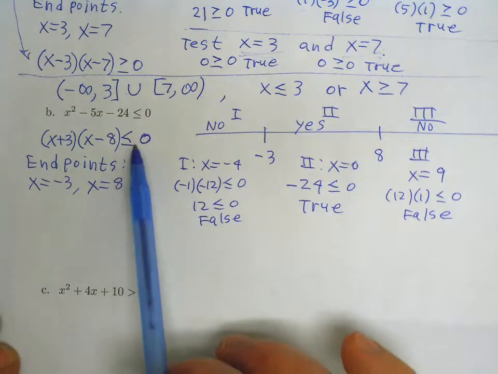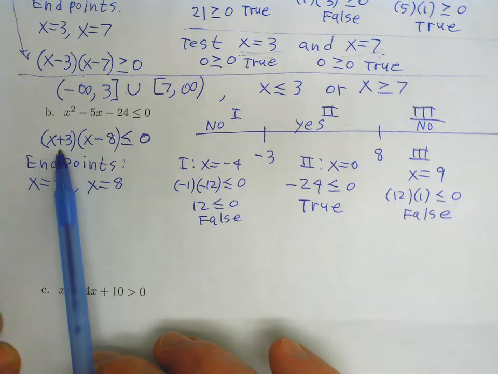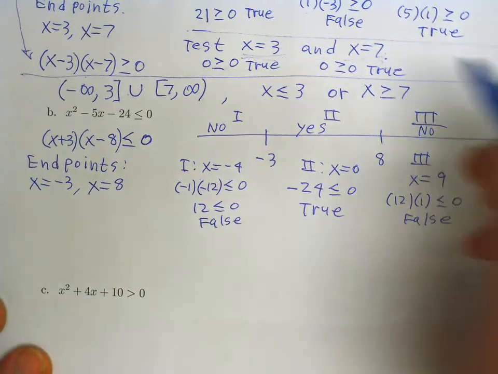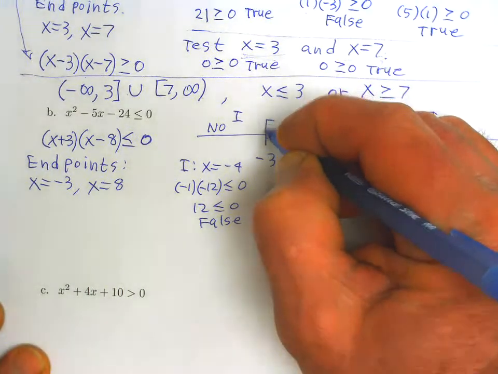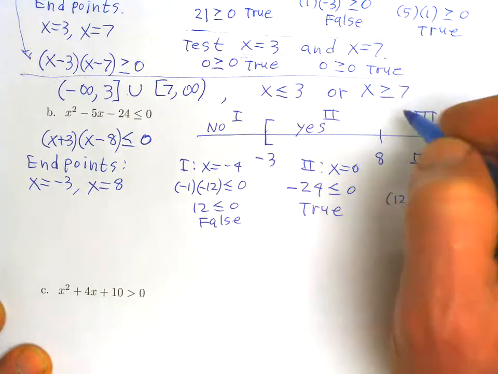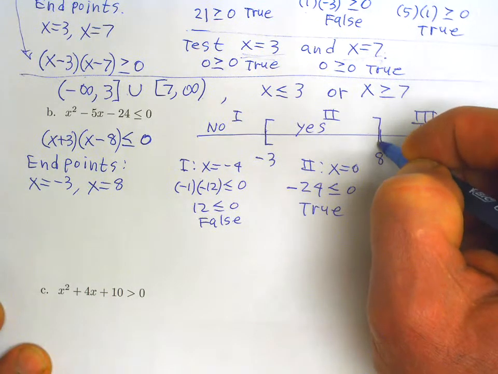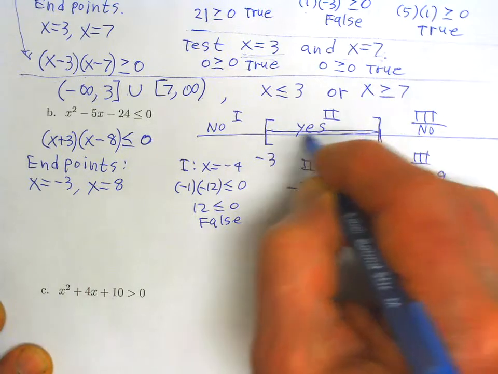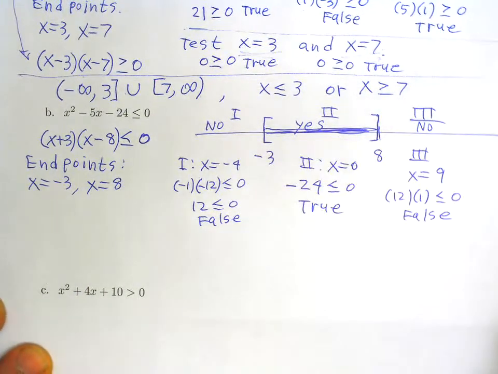Because of the or equal to 0 part, both endpoints are included. So we put a bracket at the endpoint -3, put a bracket at the endpoint 8, and graphically we shade in the numbers between -3 and 8.